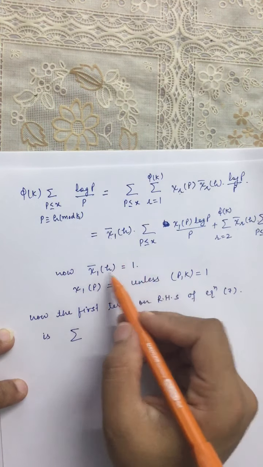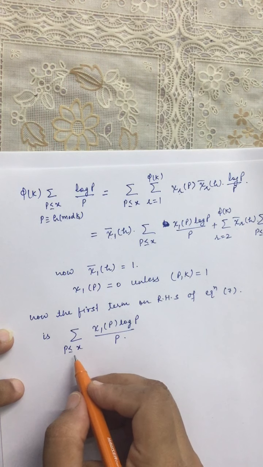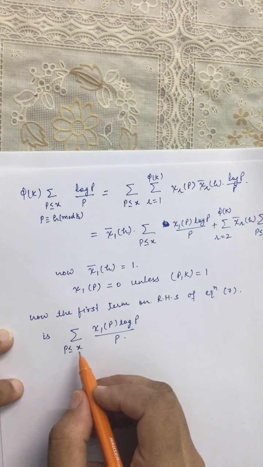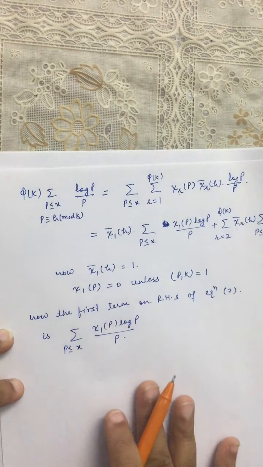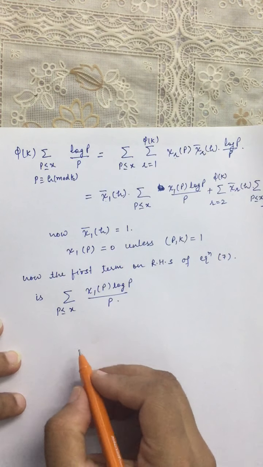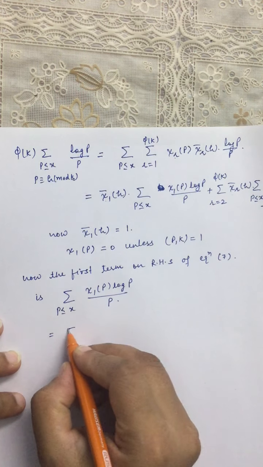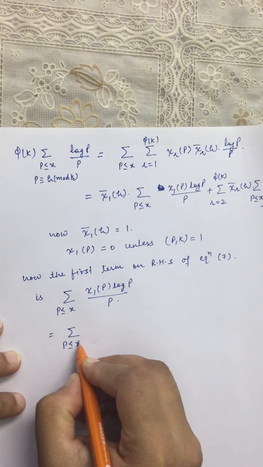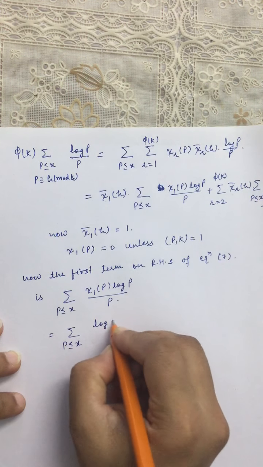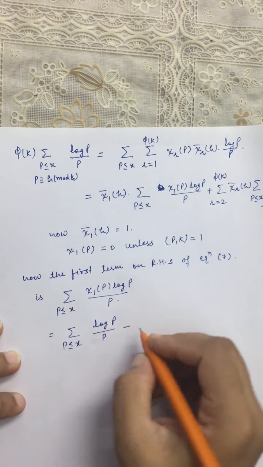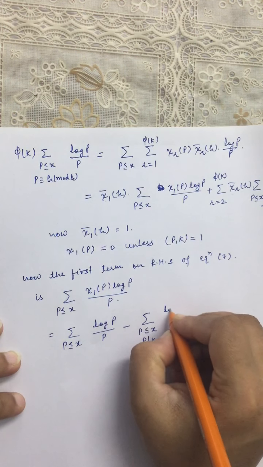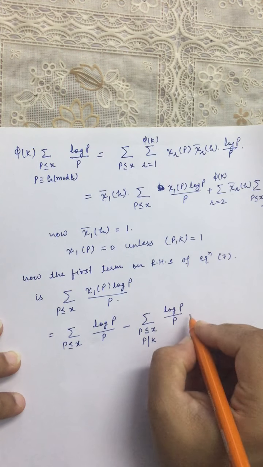Here we are taking p less than equals to x, not p congruent to h modulo k, so that's why we cannot put the value chi1 p equal to 1. So this is summation p less than equals to x log p upon p minus summation p less than equals to x, p divides k, log p upon p.